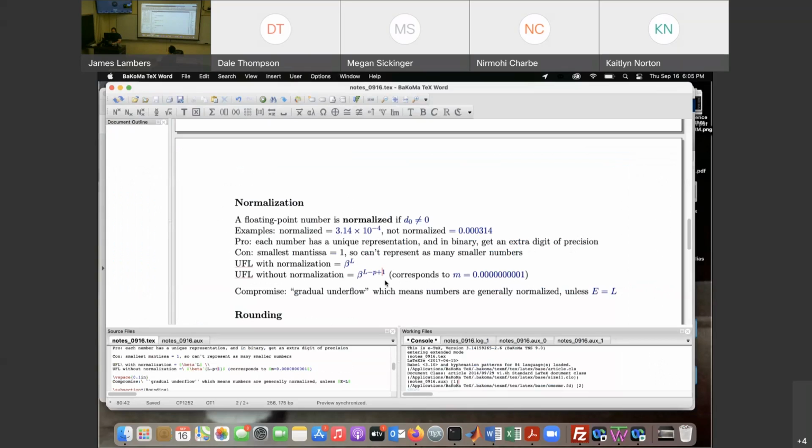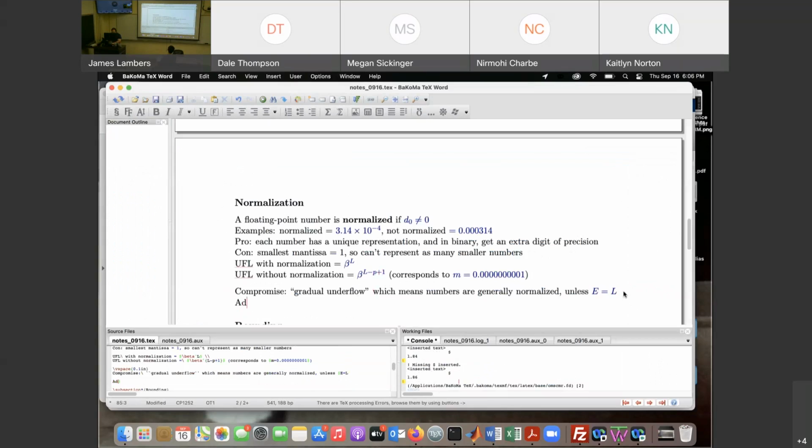Another advantage to not normalizing is you have a sensible way to represent 0.